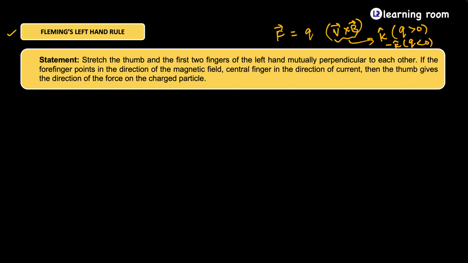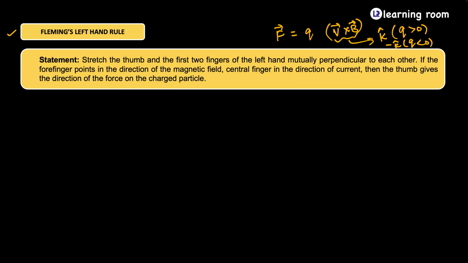Are you able to understand? So what we are supposed to do is stretch the thumb and the first 2 fingers of the left hand. So if you want to find the force, you need to take the thumb, the forefinger, and the central finger.